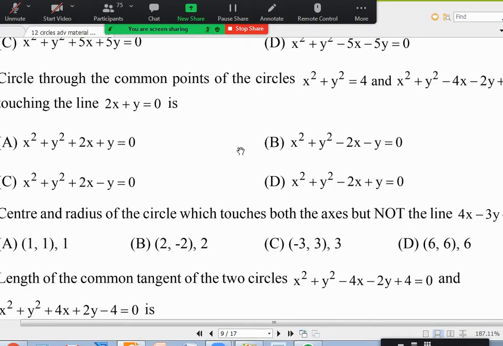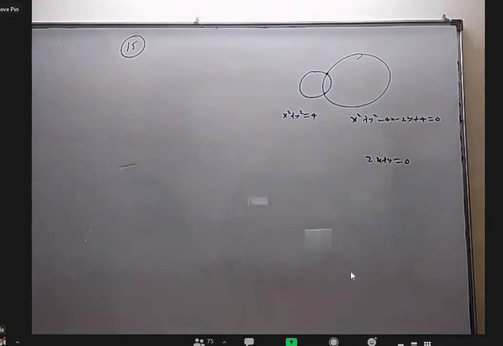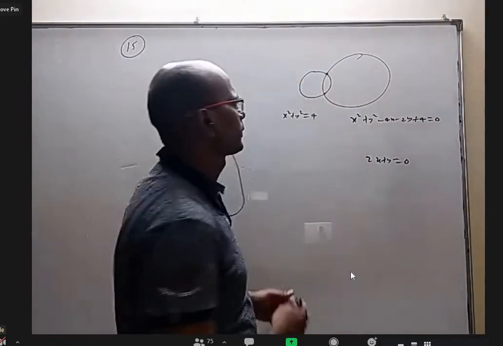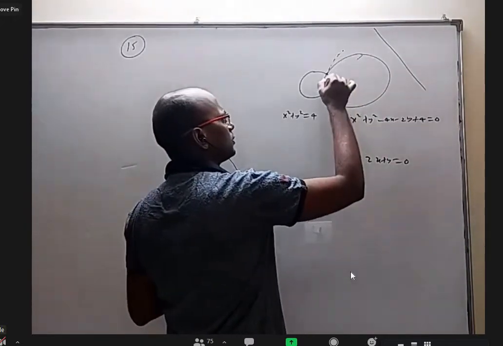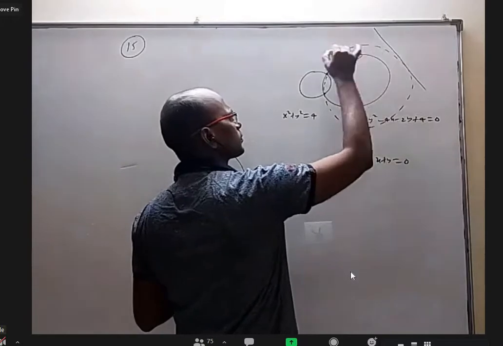This is x square plus y square equal to 4. This is x square plus y square minus 4x minus 2y plus 4 equal to 0. And there's a particular line 2x plus y equal to 0. Okay, so they gave two circles, they're intersecting at these 2 points. Passing through them, and touching a particular line, okay, they want a circle like this.